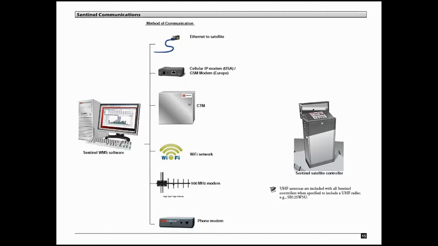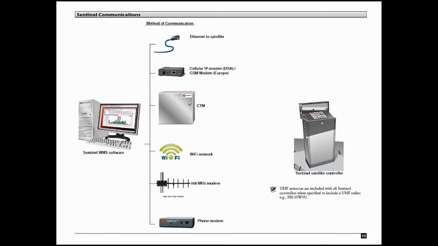But essentially that CTM can be located next to your computer if you wanted it to and connect up via serial cable, or it can be in the top of, in a mechanical room of a building where you connect to it through a network Ethernet cable or cell modem, and then from there go out radio.